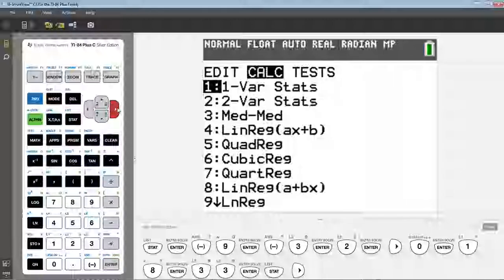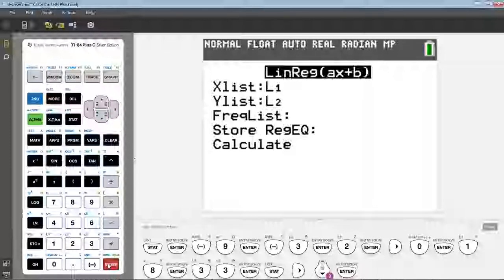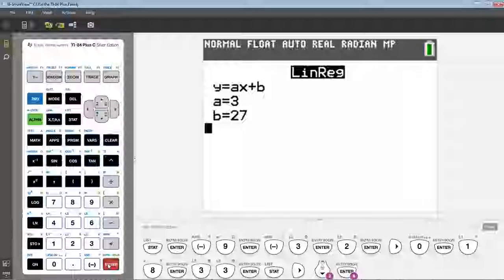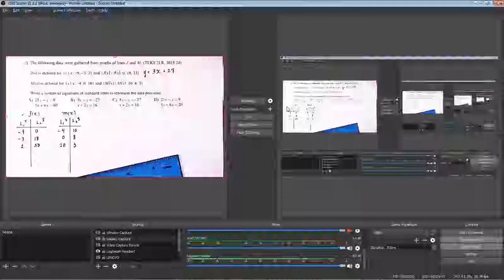Stat, calc, for linreg ax plus b. Enter, enter, enter, enter, enter. And it gives us, and I'm writing this on the paper, y equals, I'm going to replace the a with the 3x, and then replace the b with positive 27, 3x plus 27. Okay, let me flash back to our work surface here.